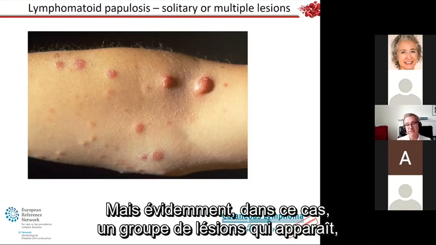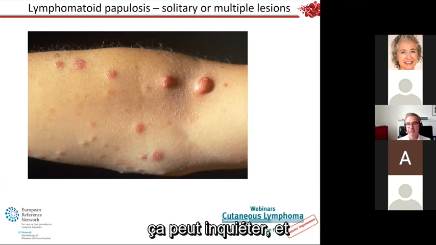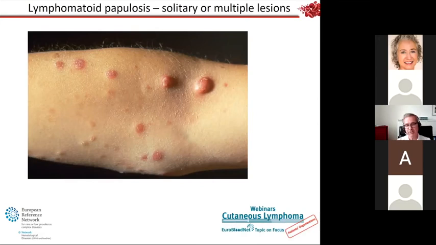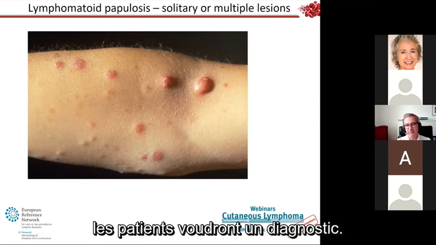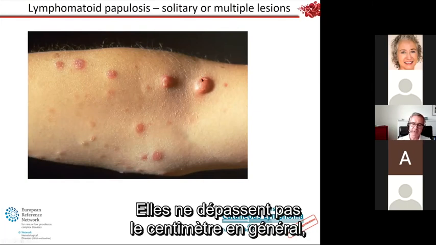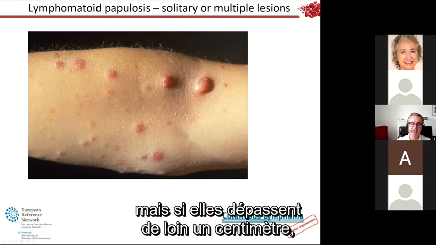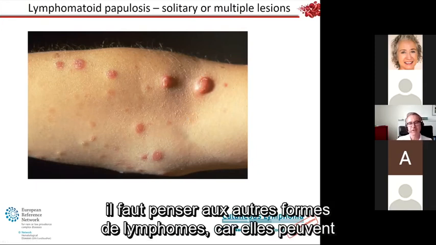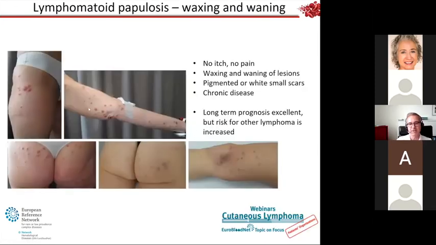But if a group of lesions is popping up, then that gets a little bit disturbing, and patients want to have a diagnosis. That's a typical aspect. They do not become larger than a centimeter, roughly. If they become significantly larger than a centimeter, we have to think of other forms of lymphomas.